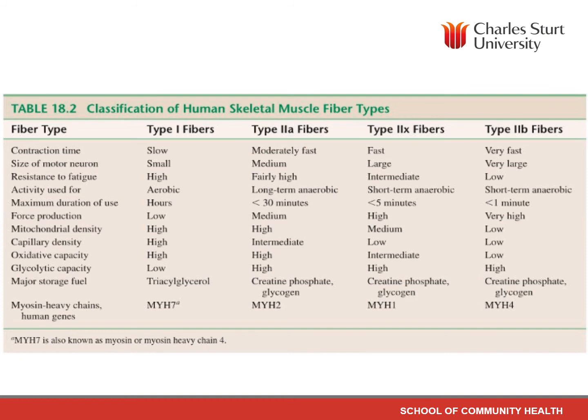So we have a high density of mitochondria, and a high capillary density because we need lots and lots of oxygen delivered for our mitochondria to generate ATP. Whereas there's low glycolytic capacity, because most of the ATP will be produced through oxidative phosphorylation in the mitochondria, the citric acid cycle and electron transport chain.